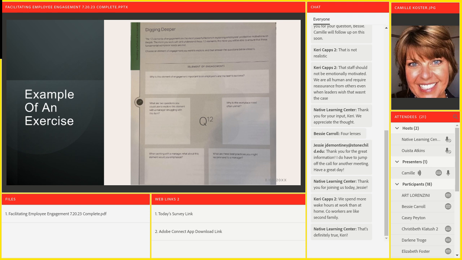So if you happen to identify, let's just say with question 5, you had an organization that says, I don't have someone at work that cares for me, then as a leadership team, as an organizational team, you would really dig deep and, from your perspective, figure out what's going on around that unmet need.